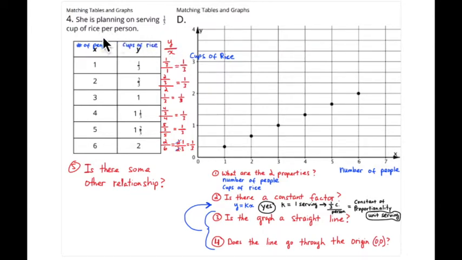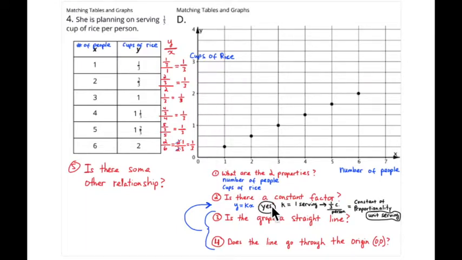That tells you that y is going to be the cups of rice and x is going to be the number of people. So the x value is going to be the number of people, so label the x-axis the number of people. And the y value is going to be the cups of rice, so label the y-axis the number of cups of rice.